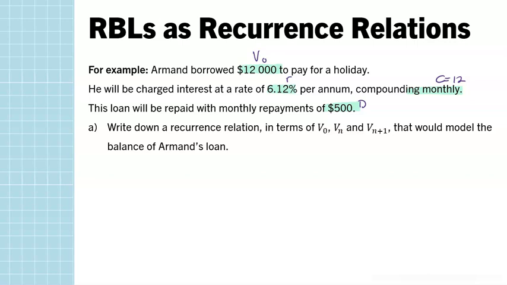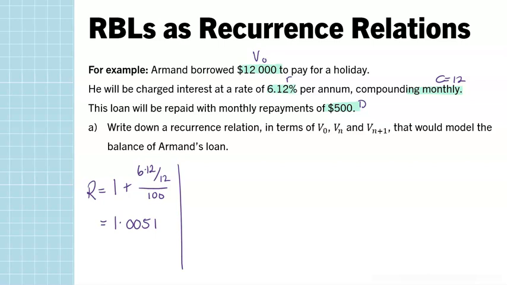Now we want to put that together into a recurrence relation. Much like all of our other work with geometric style, the first thing we want to do is to calculate our capital R value. So we're doing 1 plus our interest rate divided by the number of compounds per year, over 100. And that gives us an R value of 1.0051. Remembering we need to show growth, so we want it to be 1 point something.